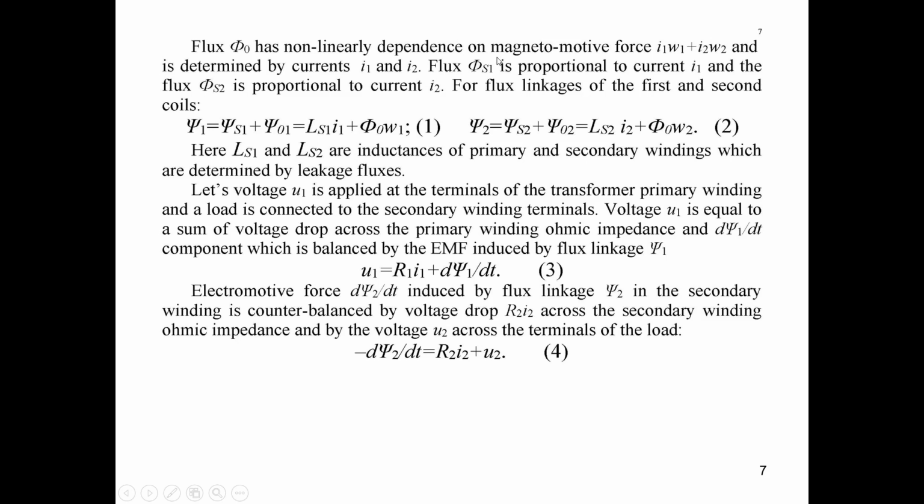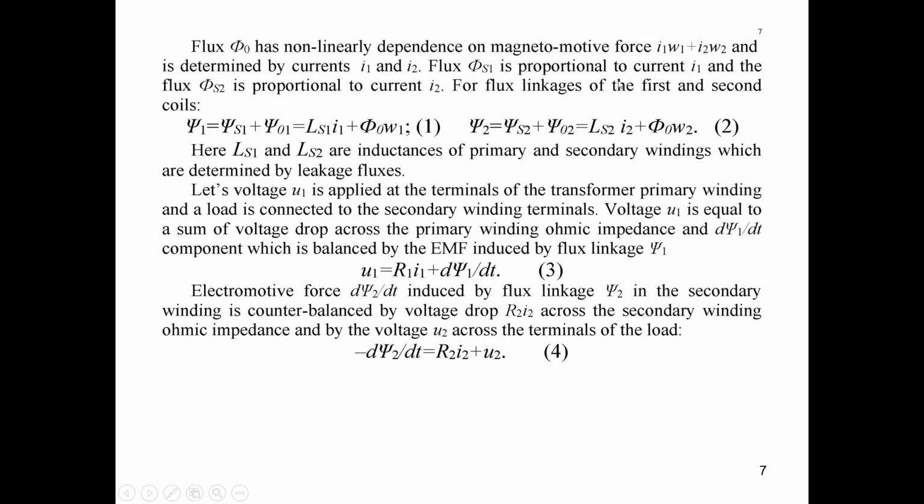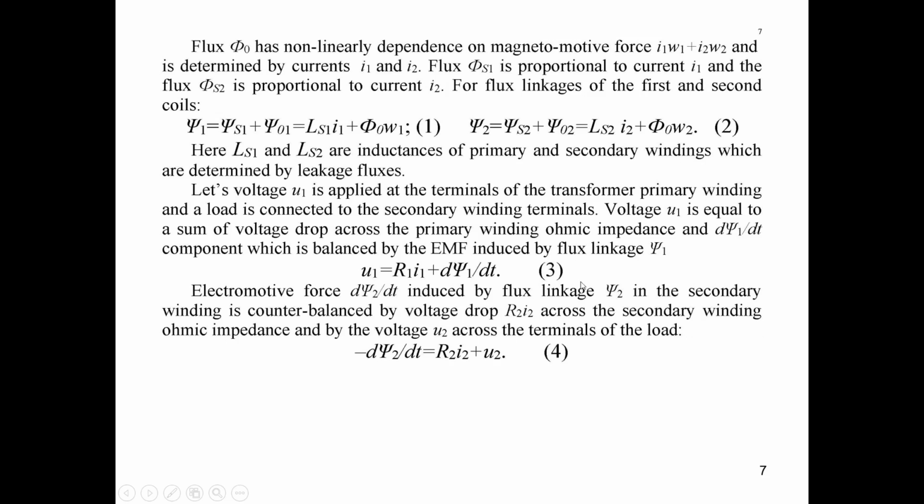And flux Φs1, which is connected only with the primary winding, will be proportional to current I1, and Φs2 depends on current I2 which flows through the secondary coil.